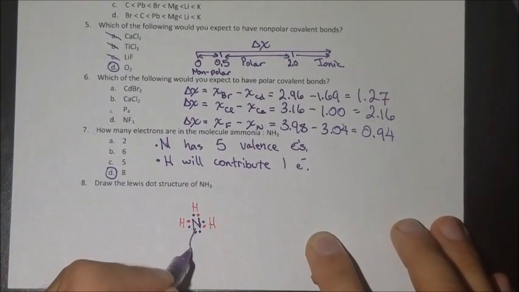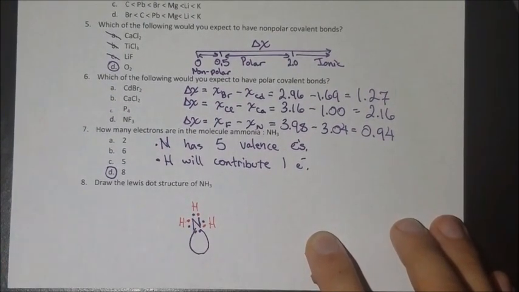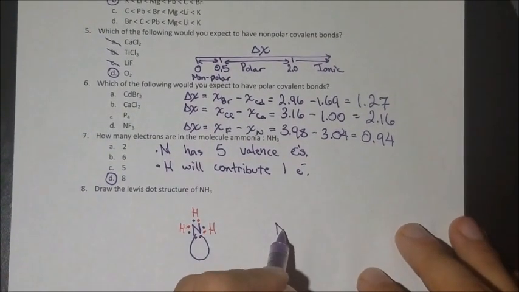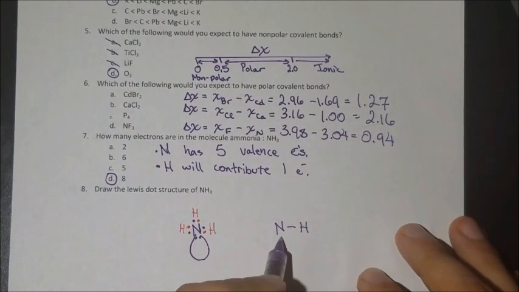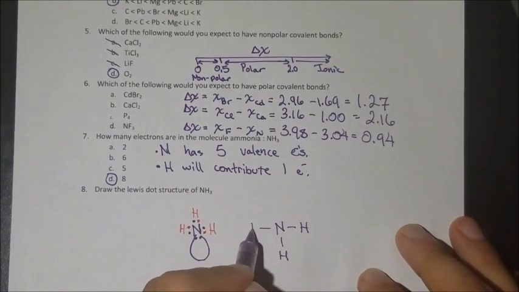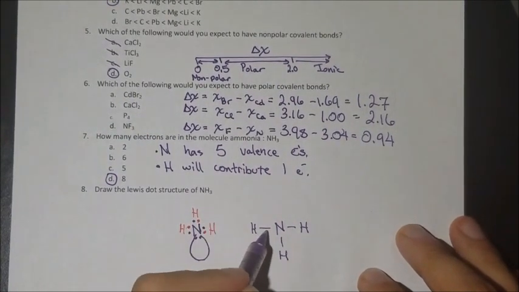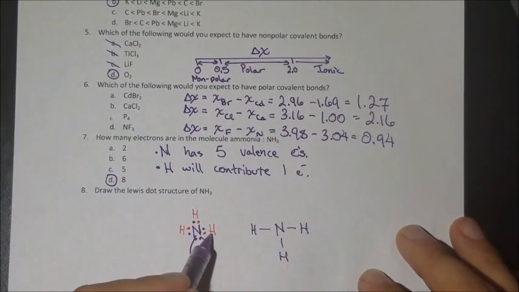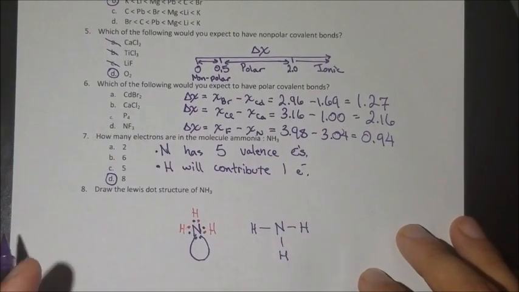And we don't have to, but we can draw that, just to indicate that that's the lone pair. If you drew something like this, where this dash here represents the 2 electrons participating in the covalent bond, that's totally okay. I gave you credit for that.